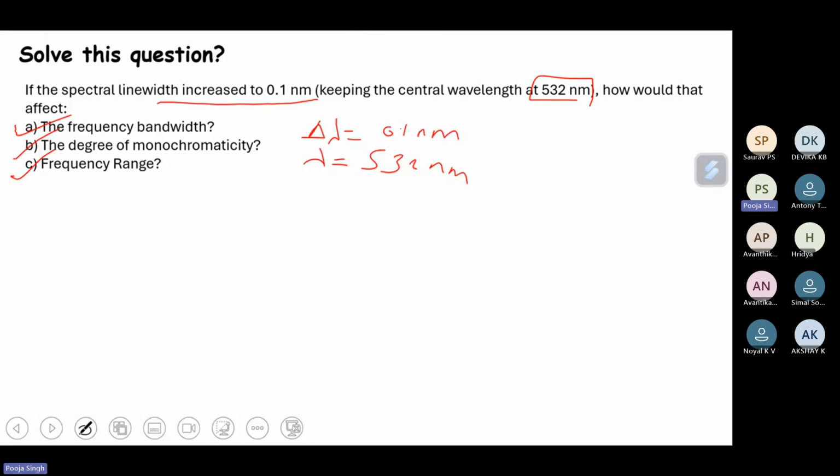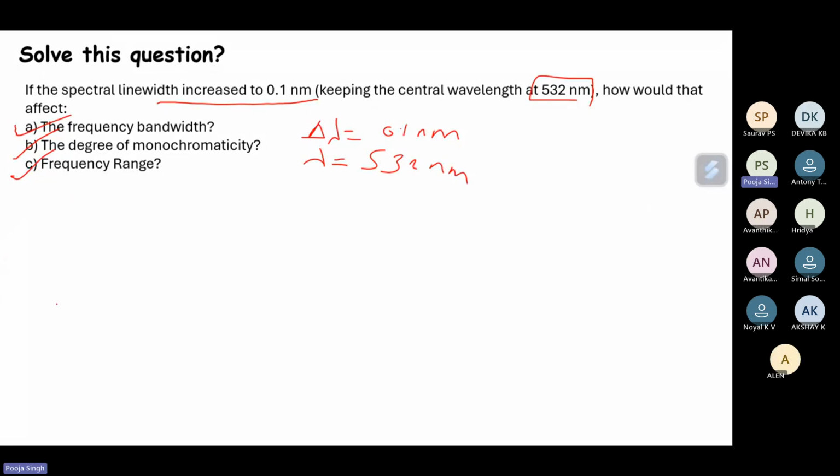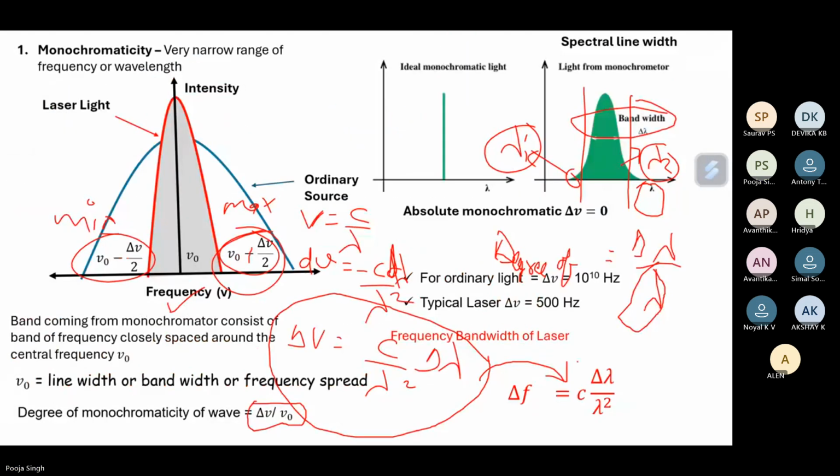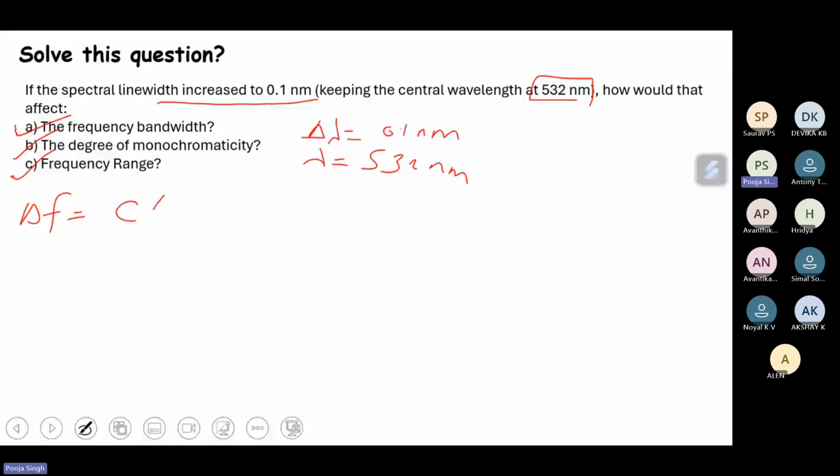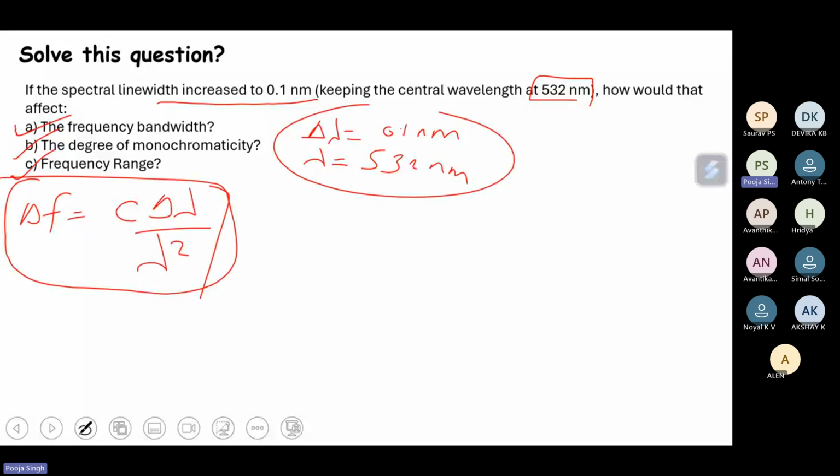The frequency bandwidth formula we have seen just now in the previous slide, the frequency bandwidth of the laser. So write this formula: delta F is equal to C delta lambda upon lambda square. You have all the things, so you can calculate the frequency bandwidth. Can anyone calculate and tell me what value it is coming?